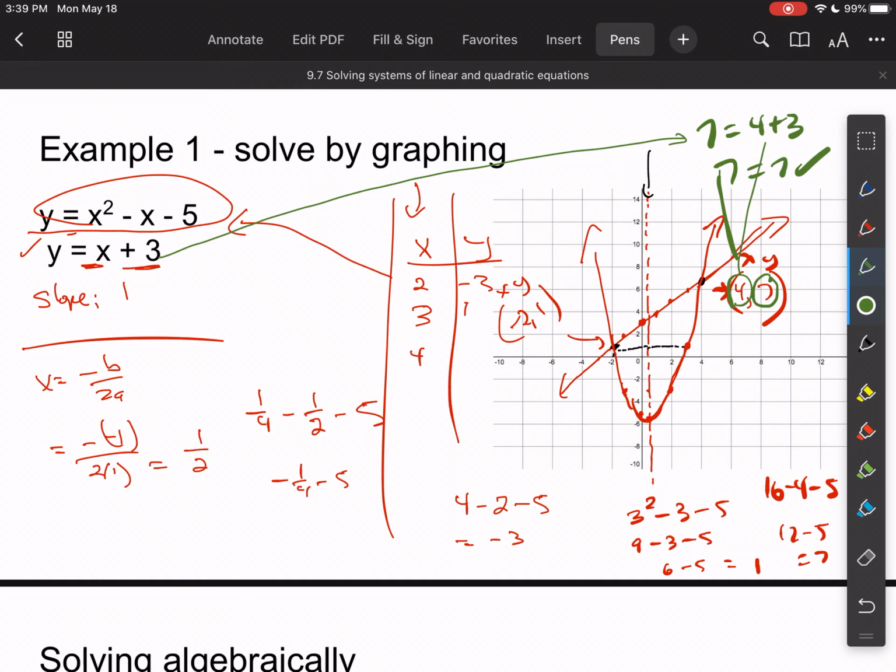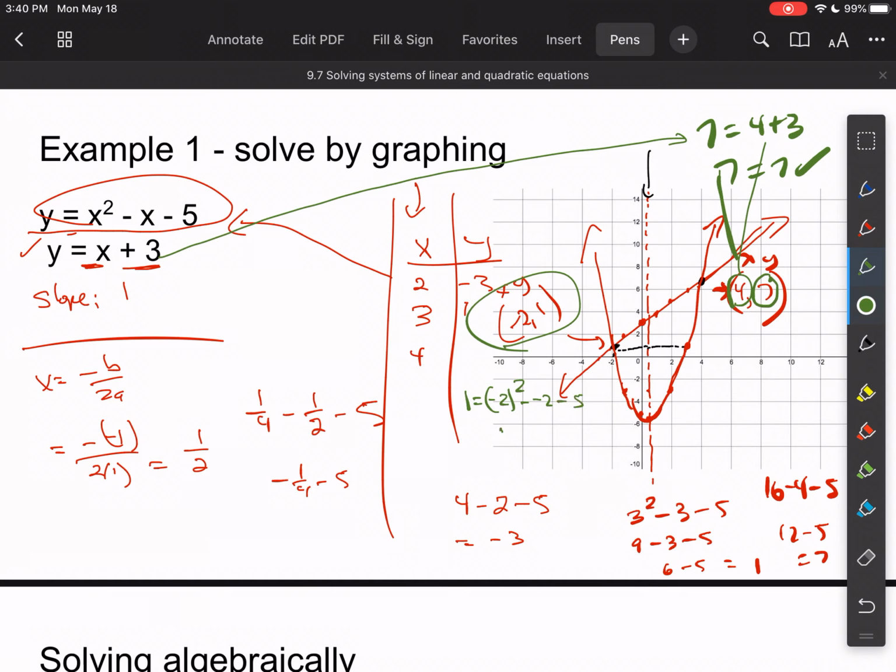Okay, so I'm going to check my other one. Negative 2, comma 1. I'm going to check this in both equations. If I plug it into my first one, I'm going to say 1, because my y value, is equal to negative 2 squared minus negative 2 minus 5.